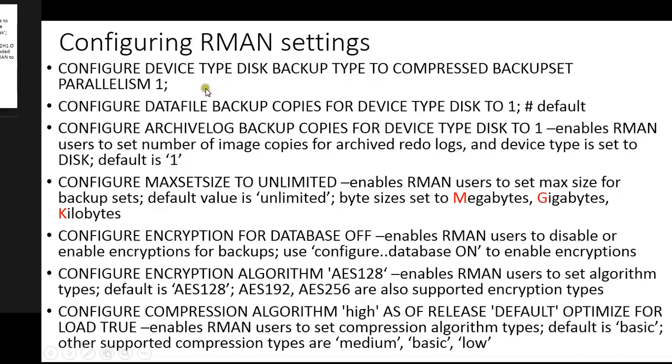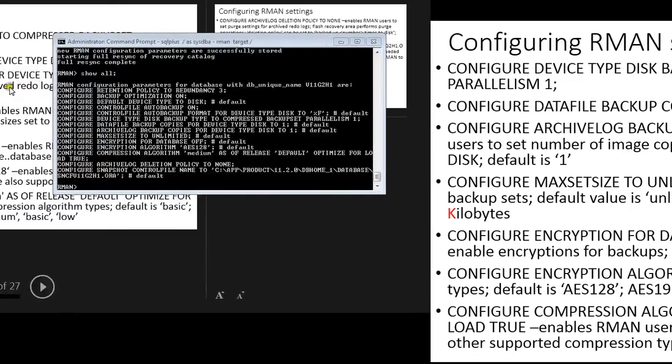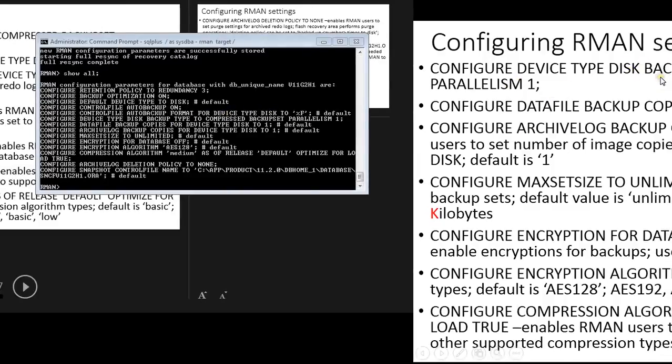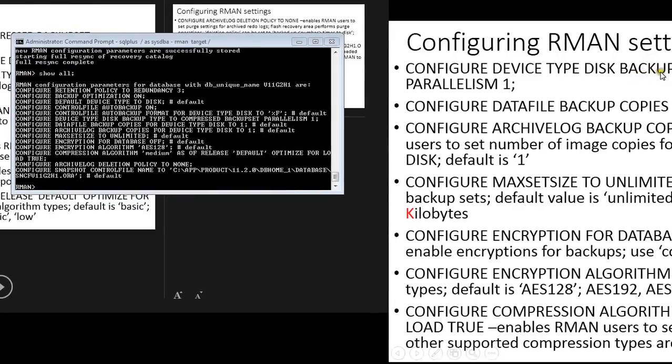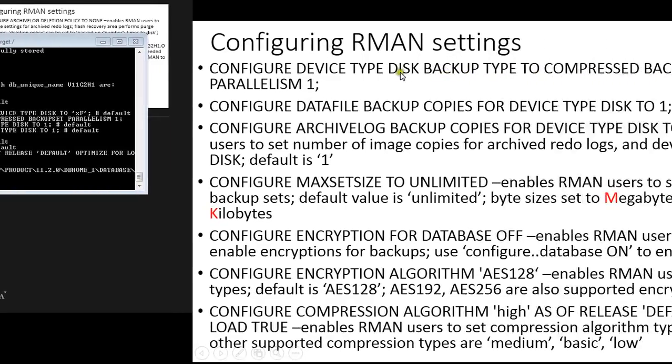And then you also have configure device type disk backup type to compressed backup set parallelism 1. This is the level of parallelism that's going to be used for my compressed backup set, and the default is 1.